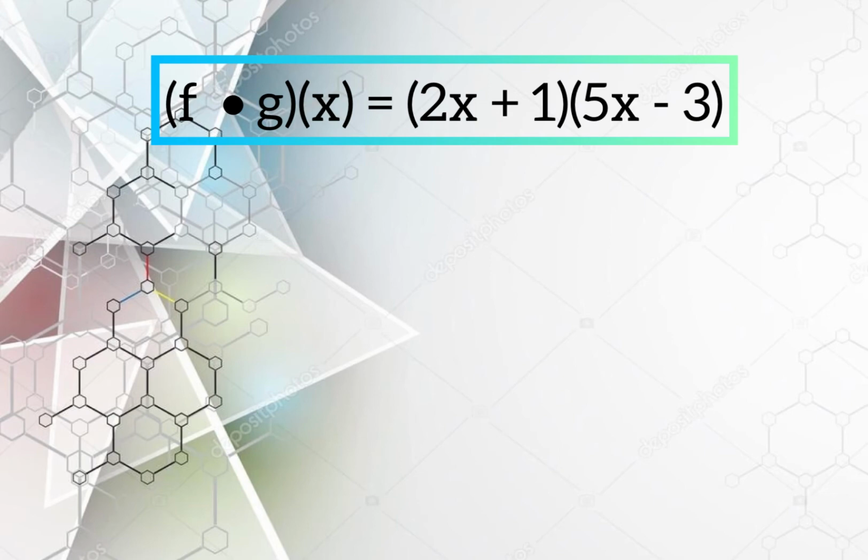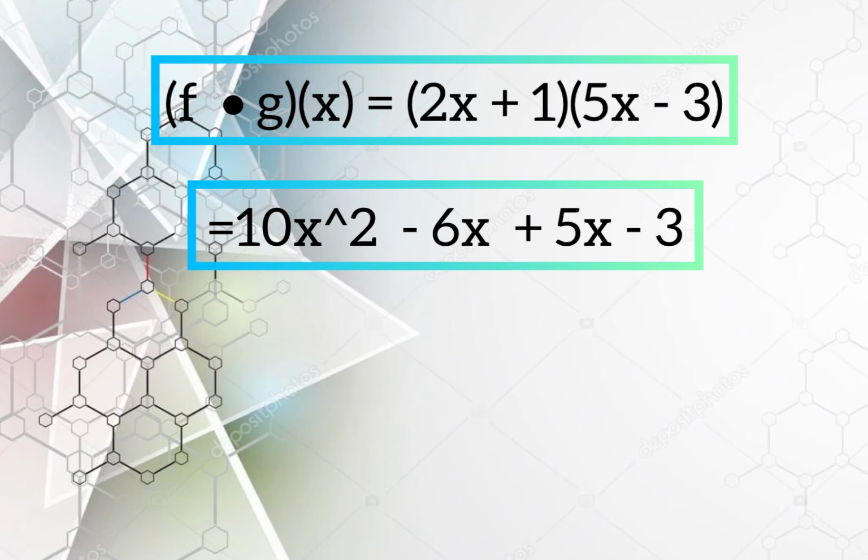So 2x times 5x is equal to 10x to the second power. Then 2x times minus 3 is equal to minus 6x. And then positive 1 times 5x is 5x. And positive 1 times minus 3 is minus 3.